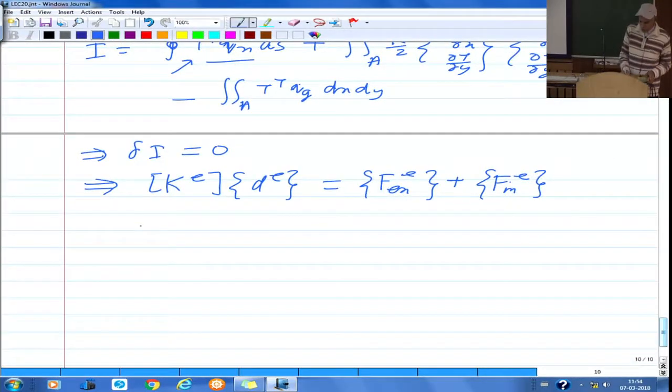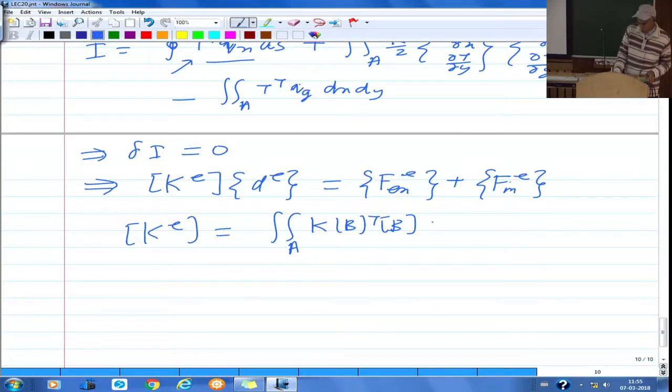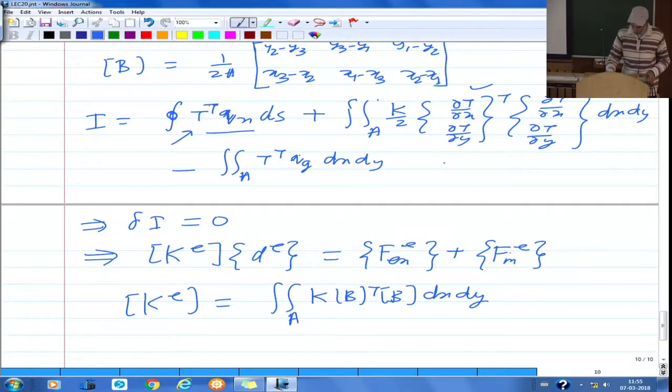And the expressions for these: Ke would be the integration over area of the triangle, k into B transpose into B into dx dy. This is where this k is coming from. So k by 2 goes, because when you take the variation you have d transpose here, d again, so that 2 gets cancelled with the half here. So you get k B transpose B dx dy.